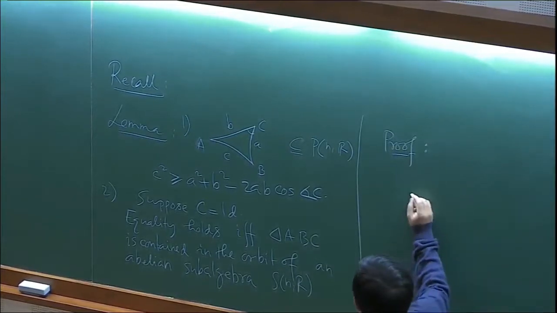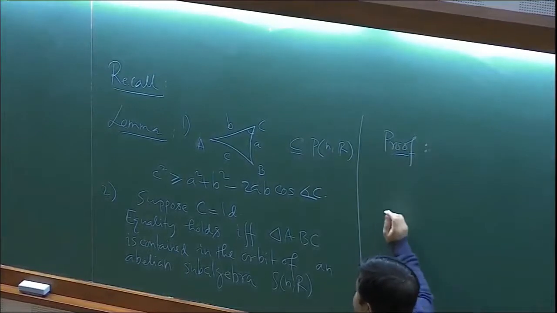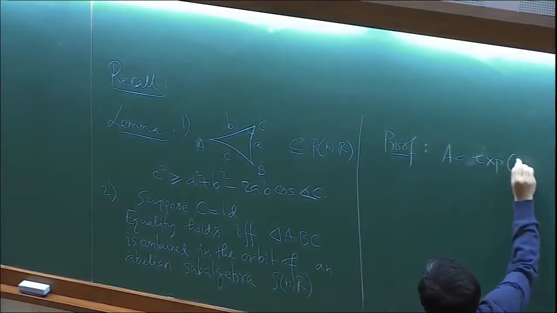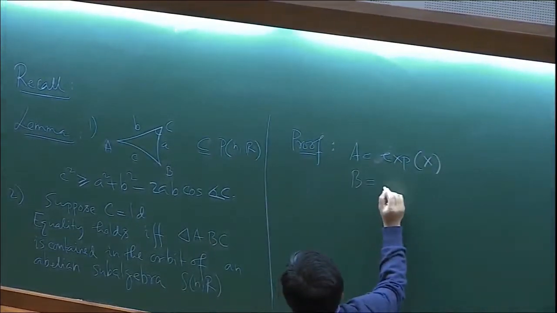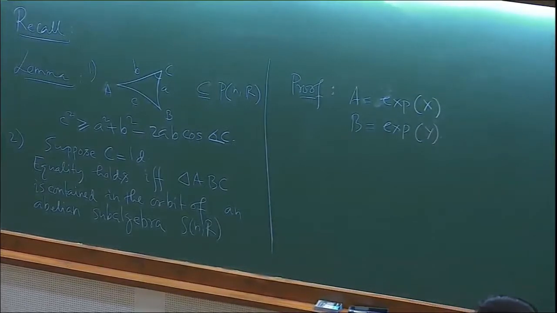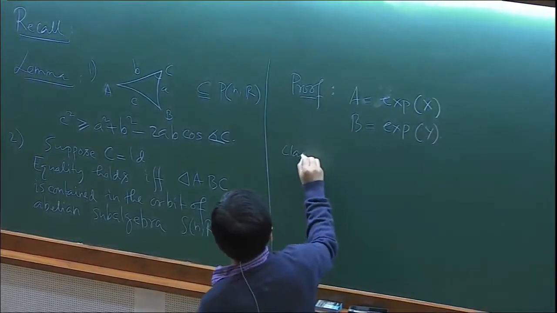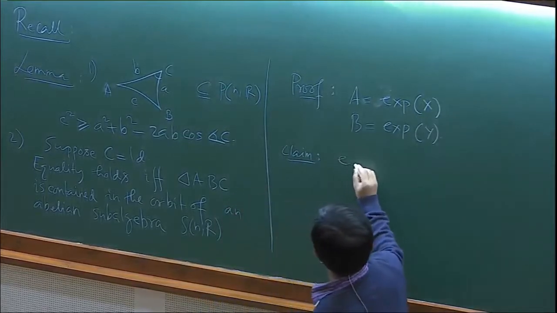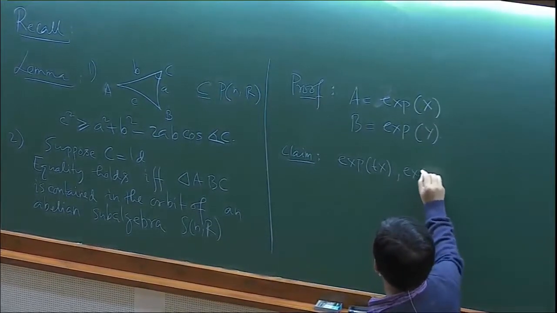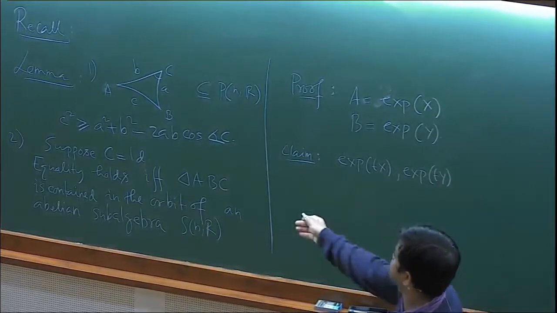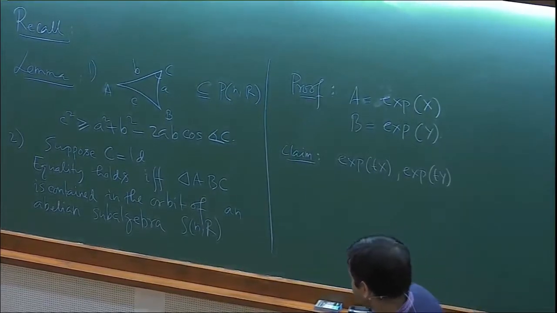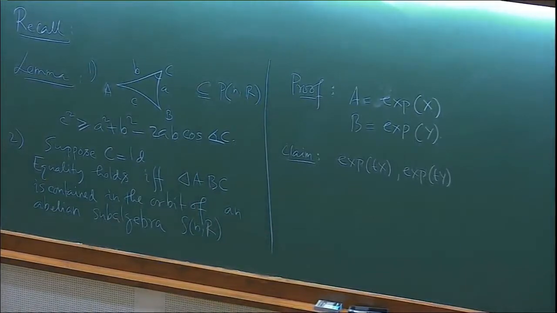If you assume that C is at the identity, so suppose A is exponential x and B is exponential y, then I claim, and you can easily prove this, that exponential tx and exponential ty are contained in the orbit of some abelian subgroup inside GL_n(R) intersected with P_n(R).